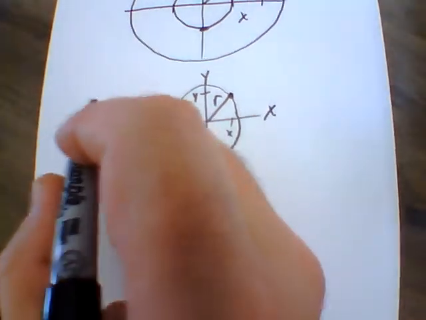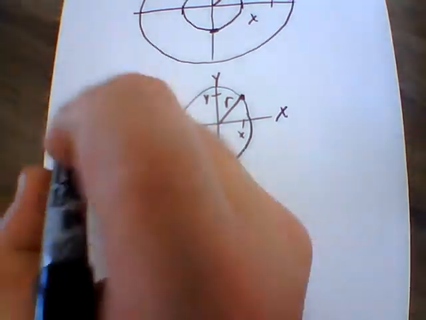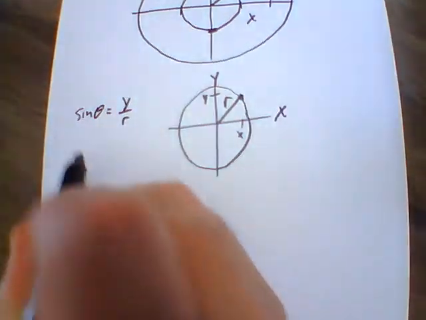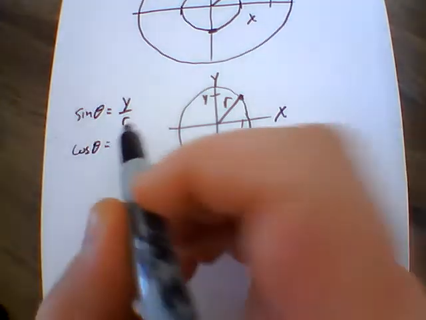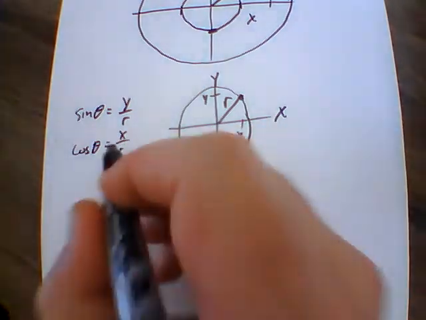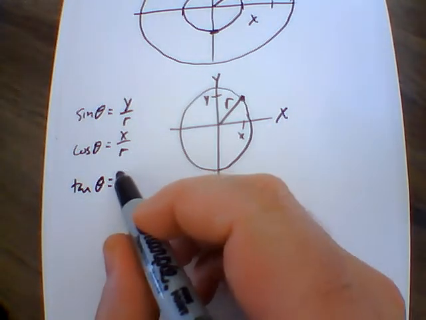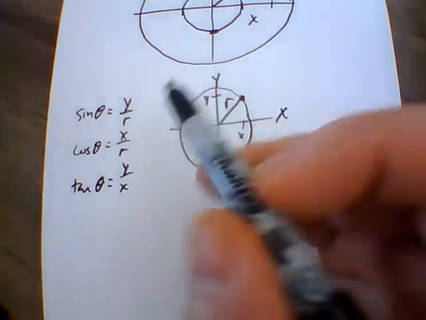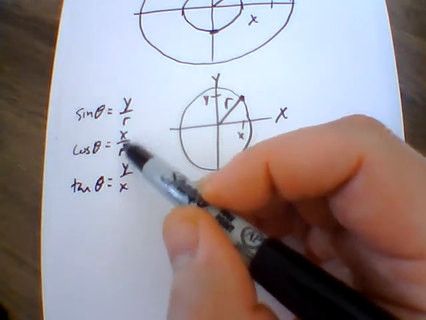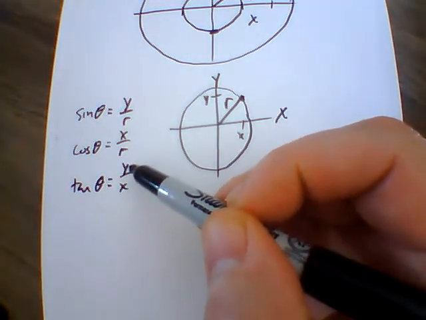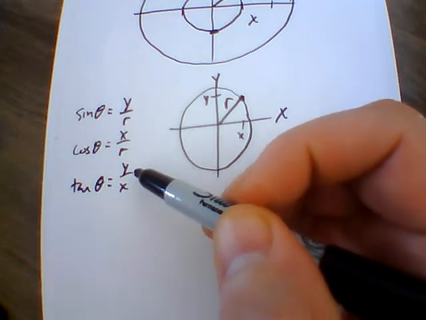So sine of theta equals y divided by r. Cosine of theta equals x divided by r. Tangent of theta, once again, is still going to be y divided by x. So I take y over r divided by x over r, simplify that, and it's going to be y over x in the very end.